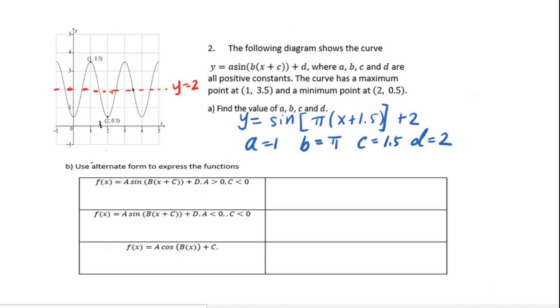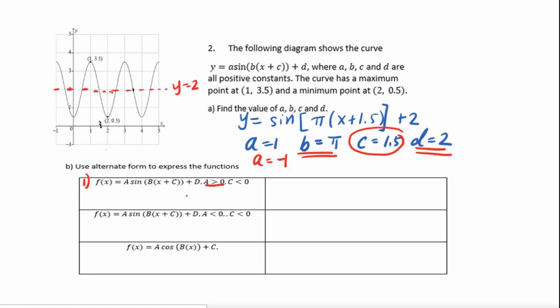Let's go to part b. Use an alternate form to express the function. No matter what kind of form you use to express the trig functions, b and d will stay. C will change. For this, a could be negative 1. So it depends on the conditions. For the first one, f of x equals a sine(bx plus c) plus d.